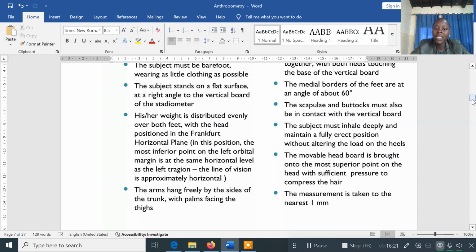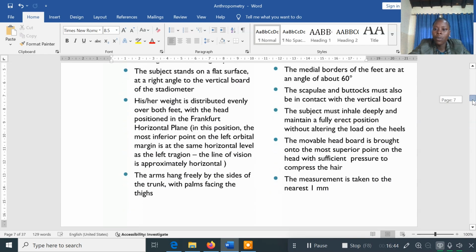So as I've told you in simple terms, your client has to be facing straight forward as he's standing, and then the arms have to be hanging freely by the sides of the trunk, with the palms facing the thighs or downwards.